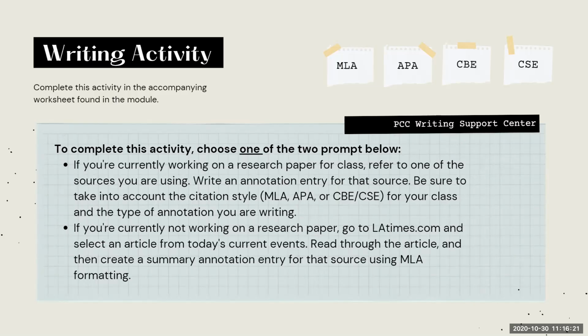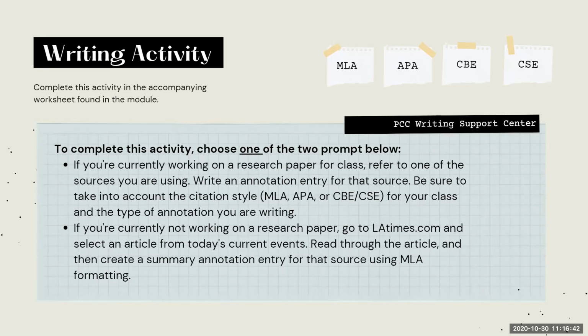The first prompt reads, if you're currently working on a research paper for class, refer to one of the sources you are using. Write an annotation entry for that source. Be sure to take into account the citation style, such as MLA, APA, or CBE, CSE, for your class and the type of annotation you are writing.